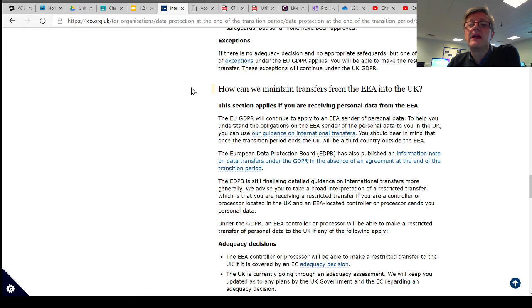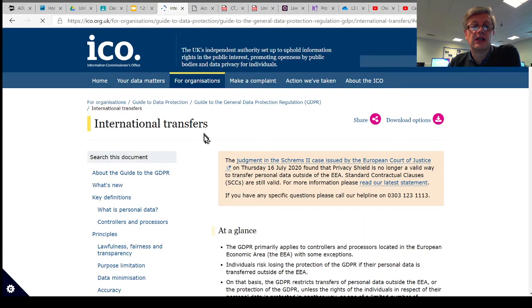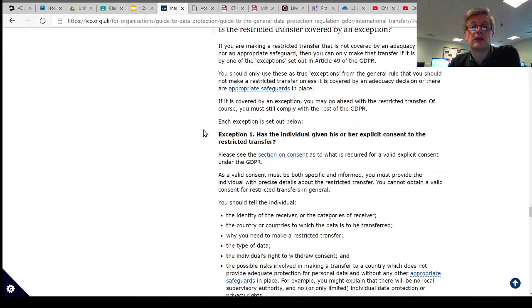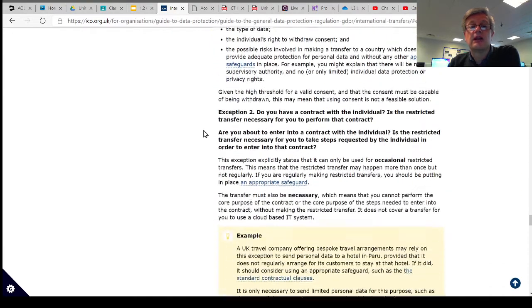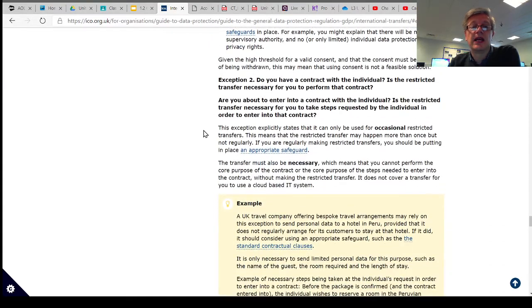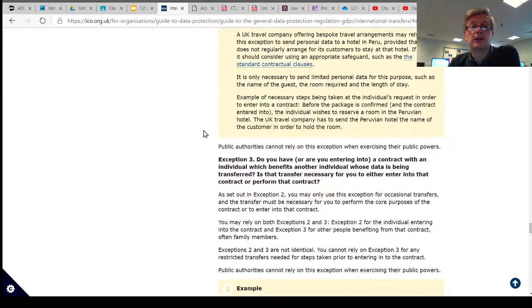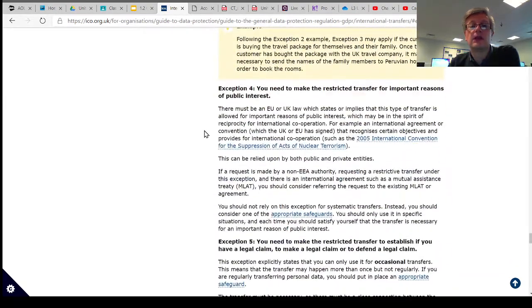then you still may be able to make a data transfer if it comes under one of these particular exceptions, okay? And they're all listed and explained here on this page from the Information Commissioner.